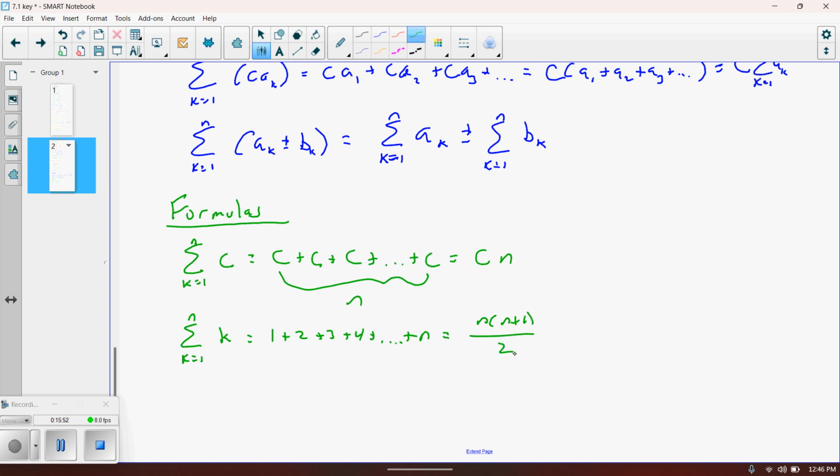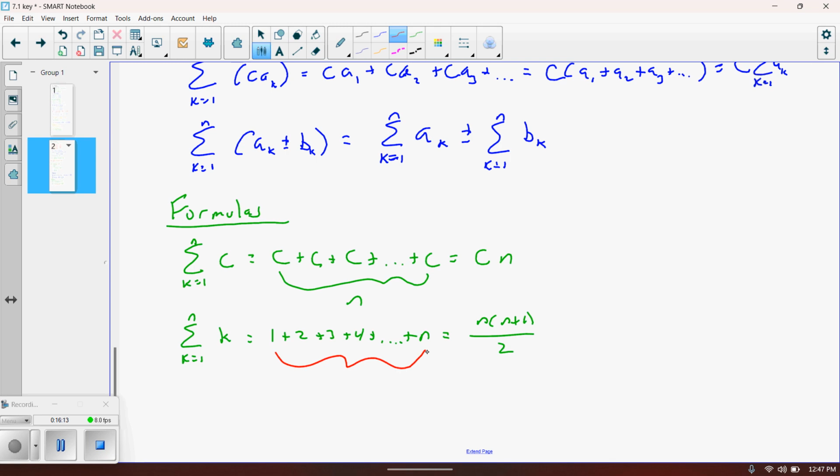So the way I like to think about this one, because this one you can kind of see, is that if you were to take the first and the last term of this, you would get n plus 1.